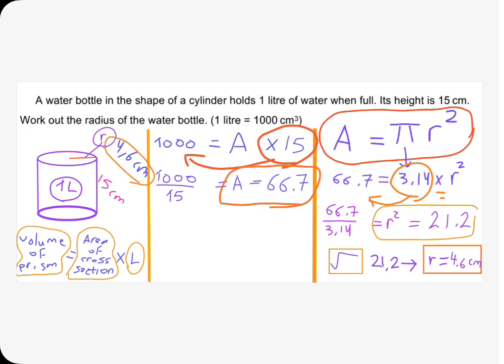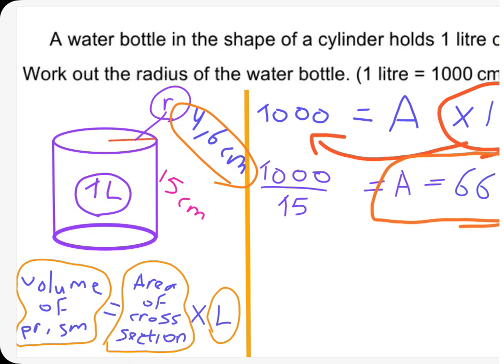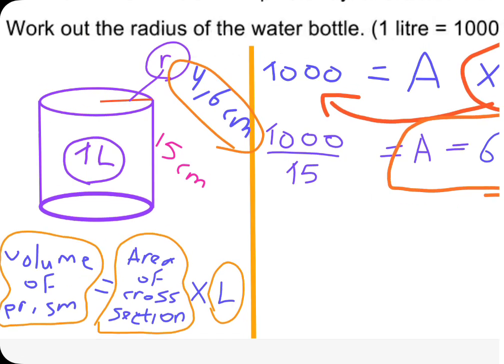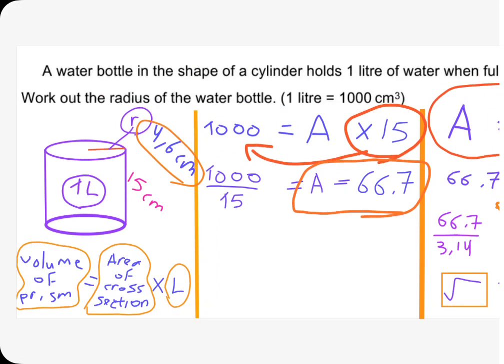So what did we do? First, we draw the shape so we can understand the question. And then we used the formula of the volume to find the area of the cross-section by using the length and the volume that we know.